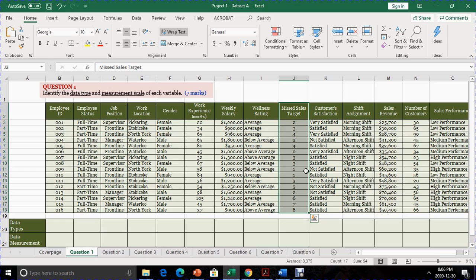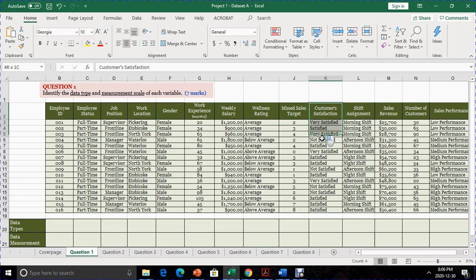That is given as 1, 2, 3, or however many values they have in that regard. So the missed sales target deals with how many times a sales person has missed their target of meeting that minimum requirement of sales.